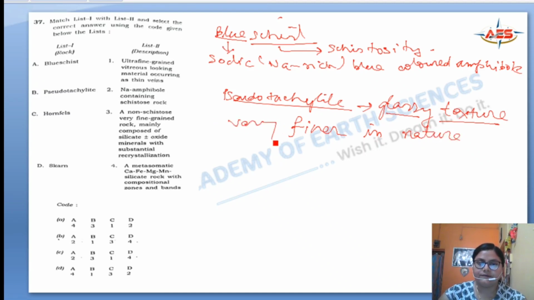Generally these pseudotachylites develop within veins.